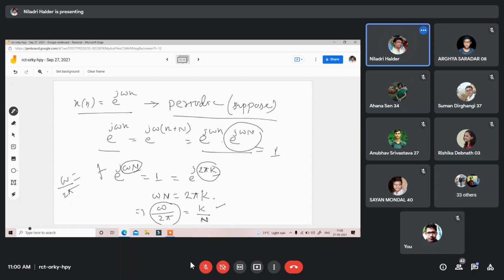So f will be k by N. K is an integer, N is an integer. If you are getting frequency as a rational number, then this is periodic. Okay.